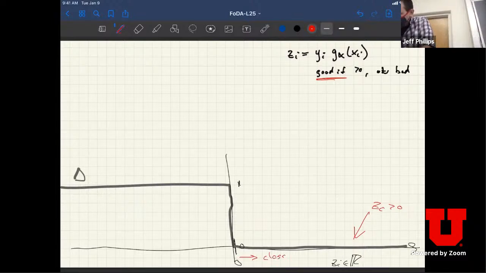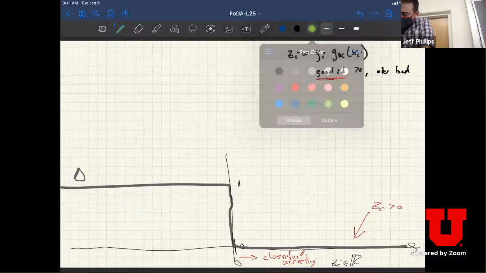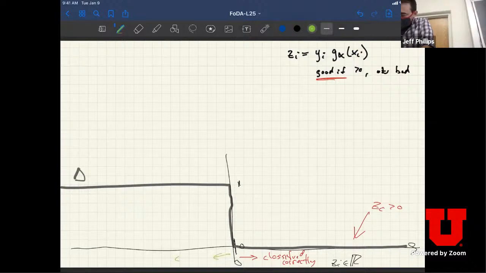So this side is classified correctly, and this side is classified incorrectly. Okay, and there's this big jump here, right? And this function is not convex. You can see why it's piecewise constant.